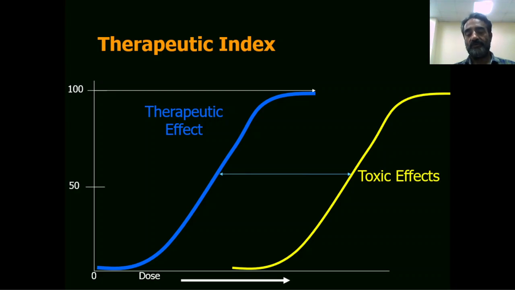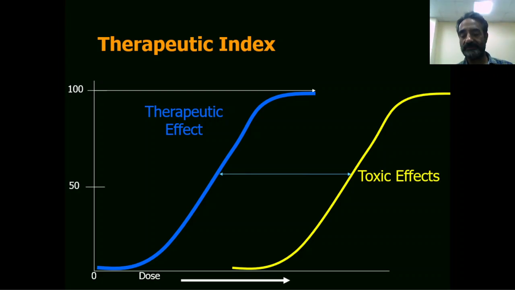You can see that the toxic effect is achieved with a larger dose. And there is a difference between the therapeutic effect and toxic effect. That gap is the therapeutic margin or therapeutic index.